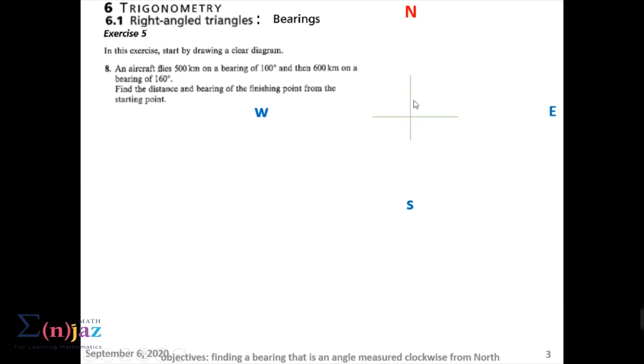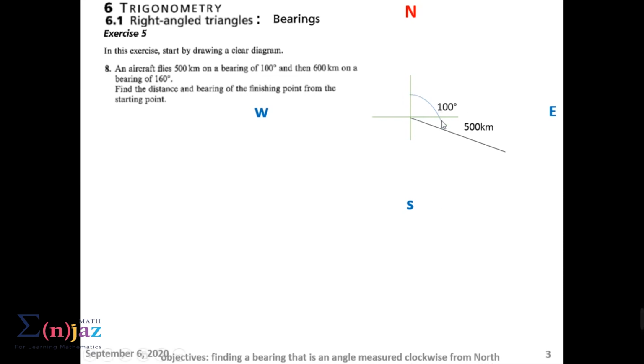So you're going to place your compass on the y-axis and the center of your compass at the origin point, and you're going to measure from here 100 degrees, and then you're going to draw a line that is 500 kilometers long. So that is my first line.